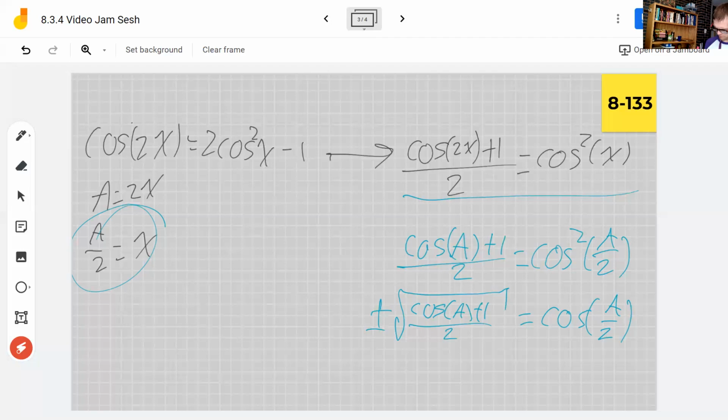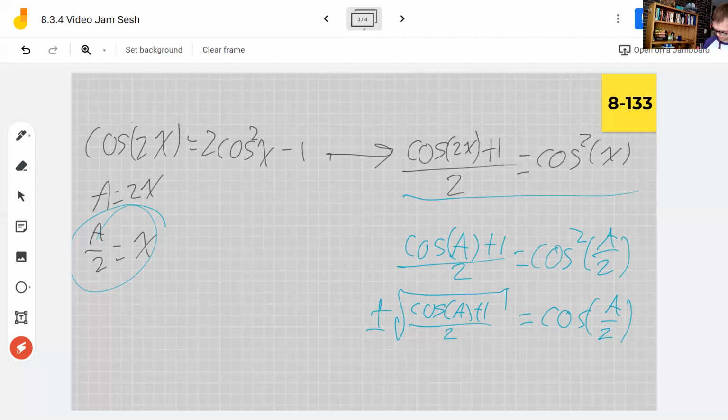And for our mutual benefit, let's distribute this negative from the bottom, kind of everywhere, redistribute it. So it looks like this. 1 minus cosine of 2x over 2 equals sine squared of x.